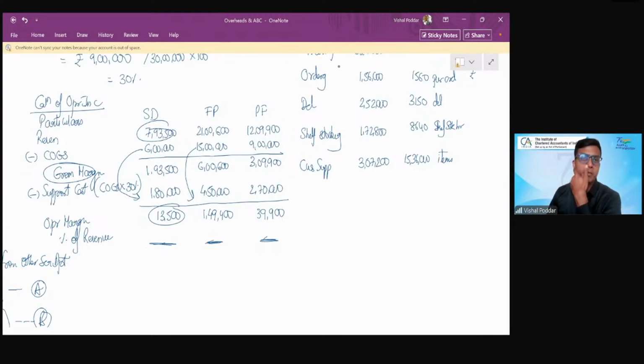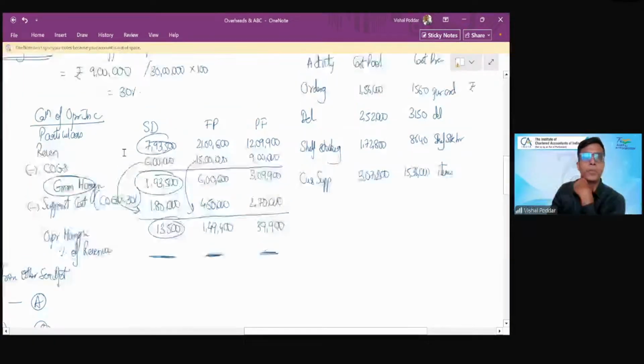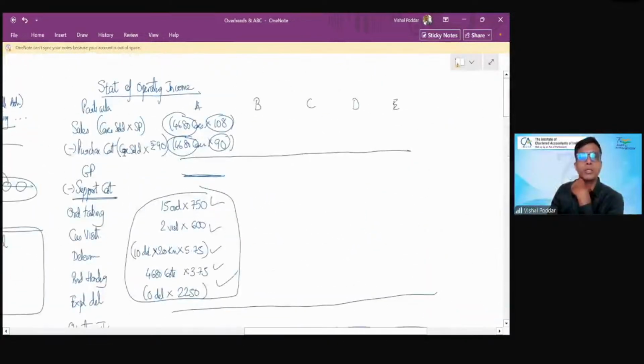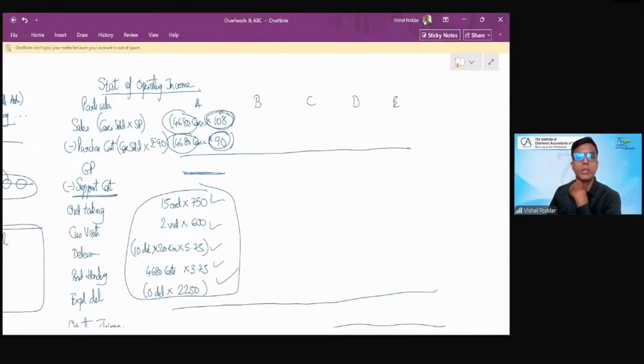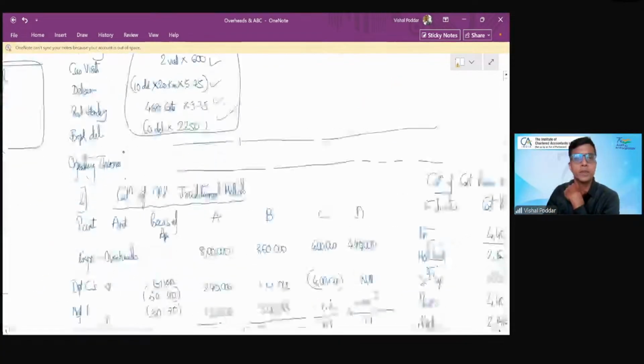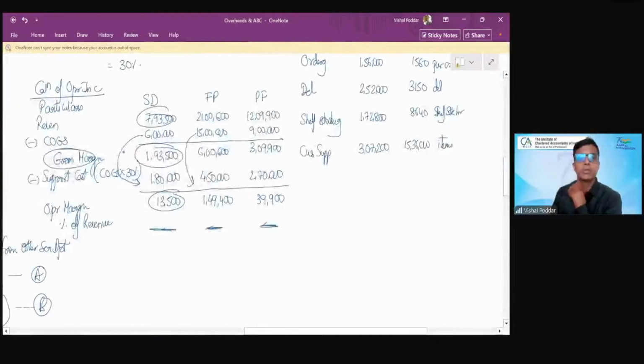Because if they're asking you break-even point, then either the margin is available, which will give you PVR, or if you recall our immediately previous sum, you were given the selling price, you were given the purchase cost. So you know the per unit margin, na? Yes sir, CPU is there. So maybe in your question also, one of these things would be there. Either per unit margin you can calculate, that is CPU, or like this sum, the gross margin you can calculate. So gross margin divided by sales, you can find out the PVR.